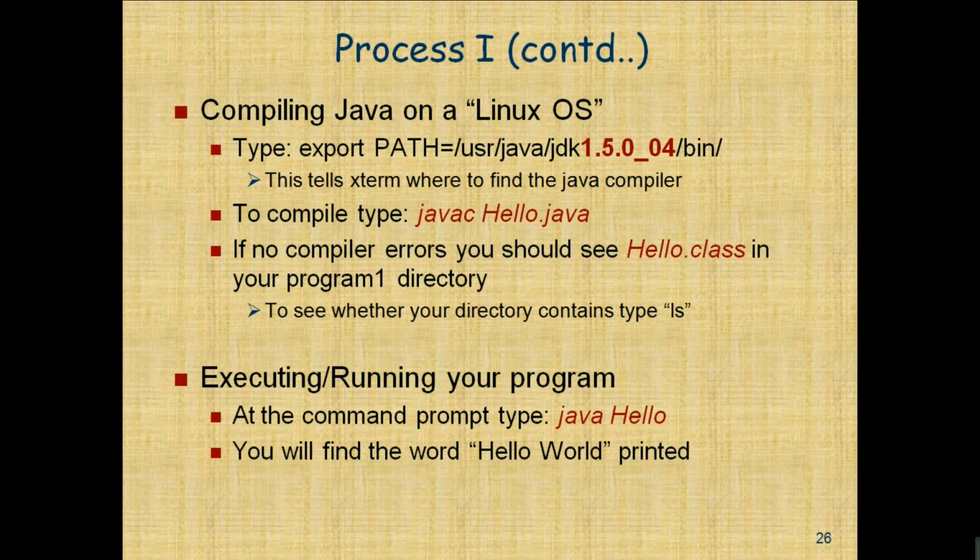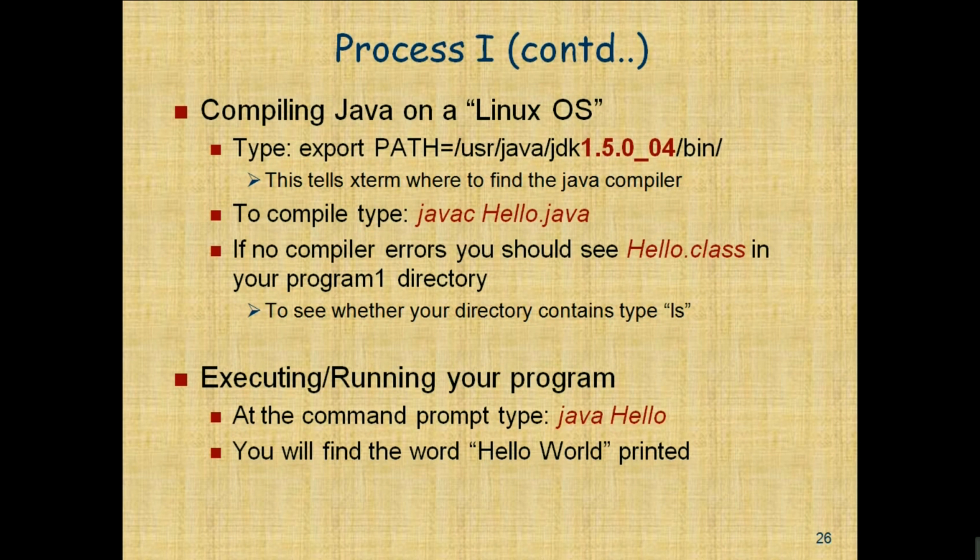If you want to compile this Java program on your Linux operating system, you have to do the following set of steps. Type export path is equal to so and so. This tells the system the way to find the Java compiler, which is helpful for finding it. To compile, what do we have to do?